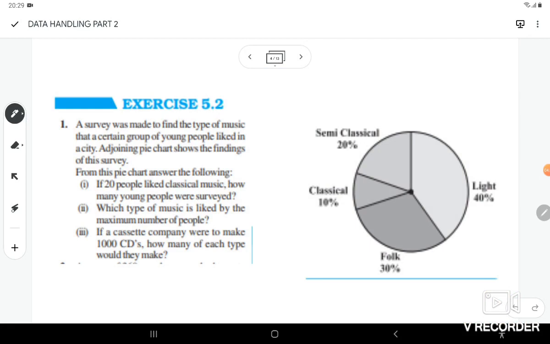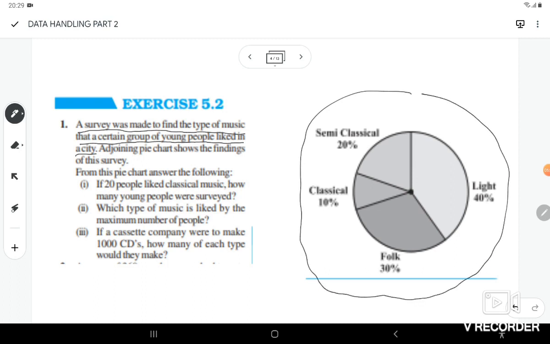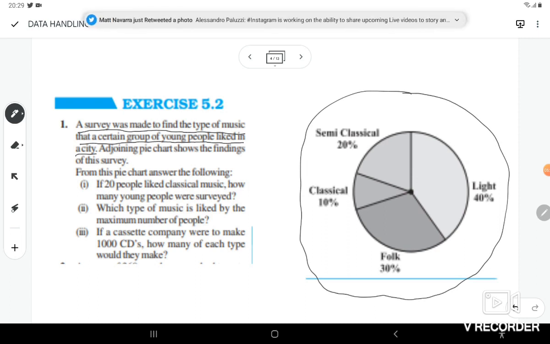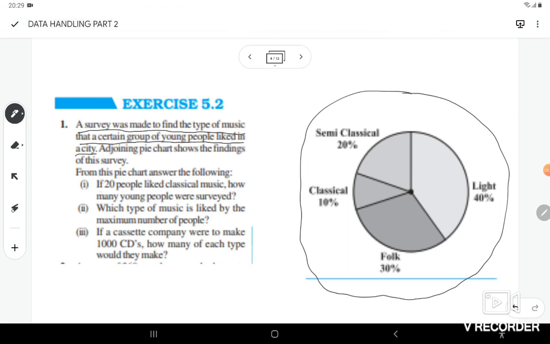Now let's solve exercise 5.2. Its first question says a survey was made to find the type of music that a certain group of young people like in a city. You can see the adjoining pie chart showing the findings of this survey, and based upon this there are certain questions.